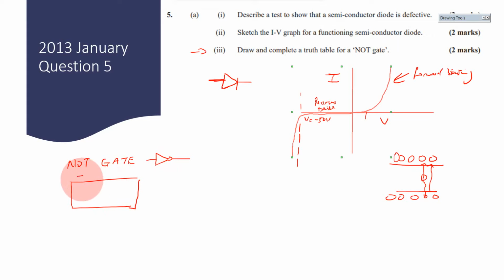So in terms of its input, it can have only 2 possible combinations, right? Quite easy stuff. So whatsoever the input is, right, it's going to give us the opposite. So that would be a simple 2 marks right there. Quite easy, eh? Yeah. So it says draw and complete a truth table for a NOT gate, and that would just take you right into that.